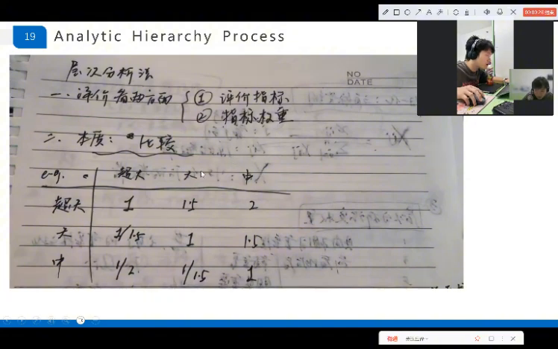For example, if we want to evaluate the volume of different sizes of cup, we have 3 sizes: super big, big, and middle. We judge by ourselves and fill in their ratios. For example, if we think super big's volume is 1.5 times the big size, we put 1.5 here. So we fill this table.